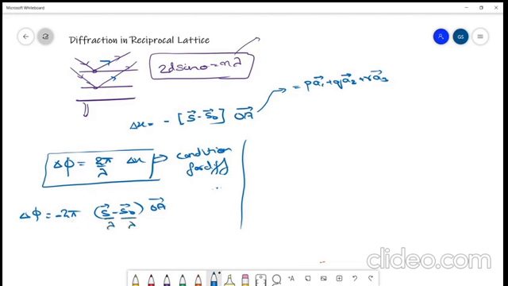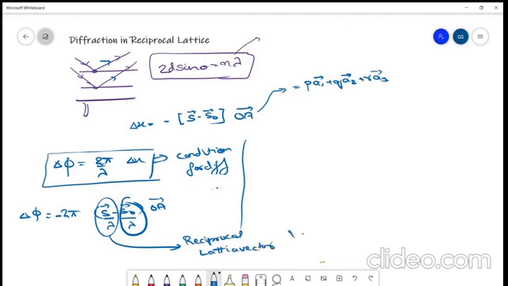Just go through the first video. What I said is that a vector is a reciprocal lattice vector if it has a dimension of 1 by length and has a direction. So we can see that S naught by lambda and S by lambda are actually reciprocal lattice vectors. Why?